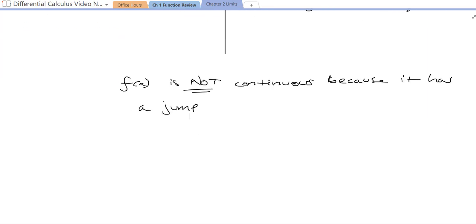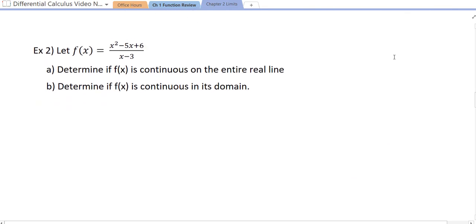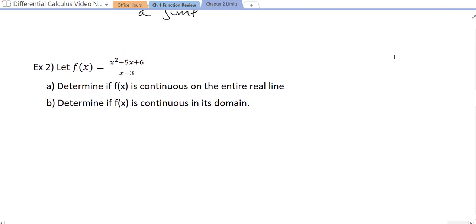Let's try another one. For this next example, let f of x be that function. A, determine if f of x is continuous on the entire real line. And then B, determine if f of x is continuous in its domain. Even though they look very similar, they are asking totally different things.